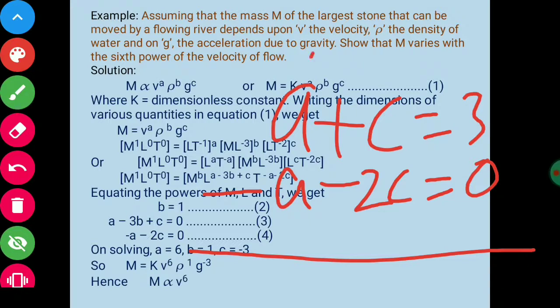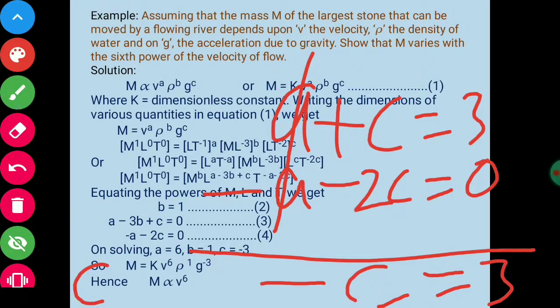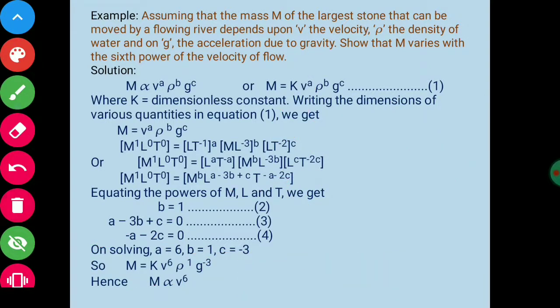So a minus a is cancelled, minus 2c plus c is what? Minus c, which is equal to 3. You can say that c is equal to minus 3. So that's the value of c, which is minus 3.